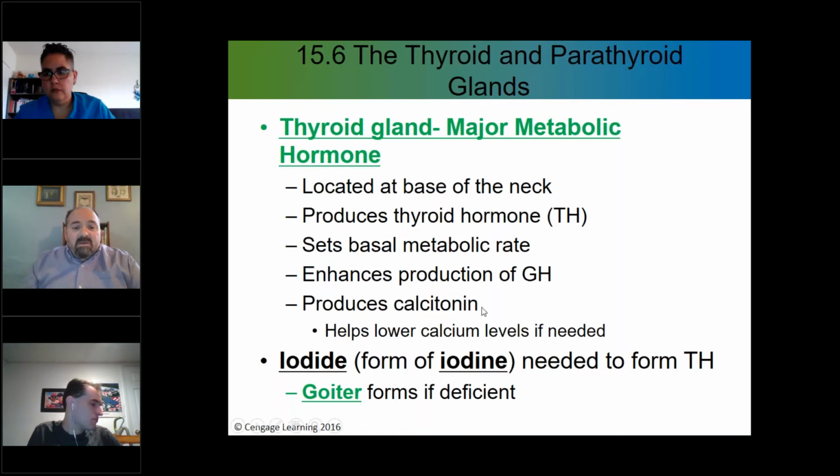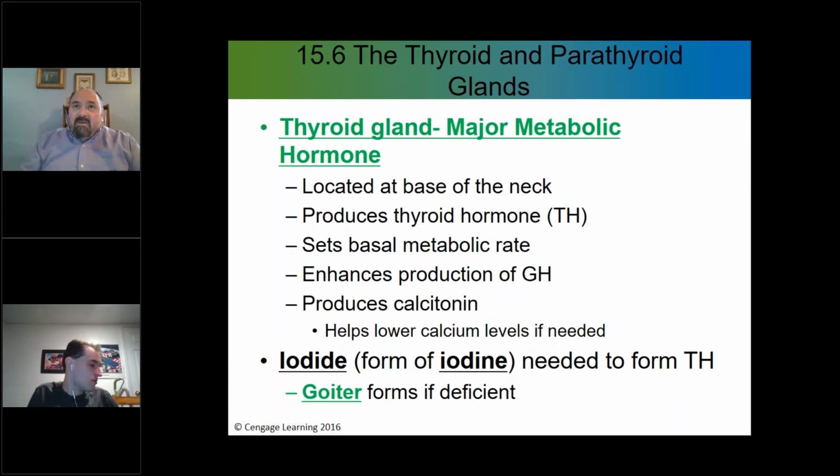Also calcitonin. Calcitonin helps to maintain blood calcium levels. Parathyroid hormone comes from the parathyroid glands, which are located on the posterior aspect of the thyroid gland. We'll show that in just a few minutes. Parathyroid hormone is an antagonistic hormone to calcitonin.